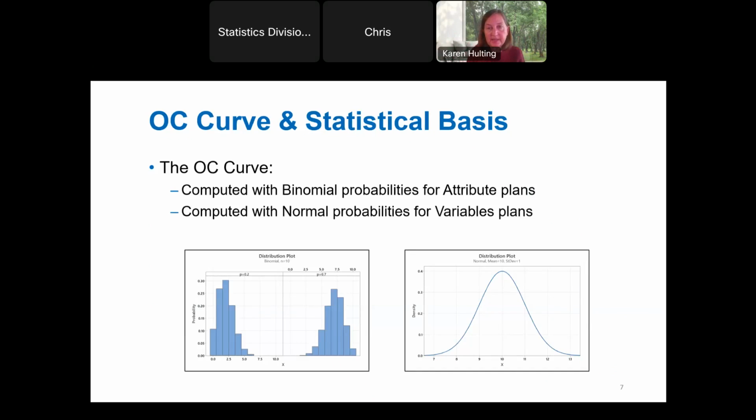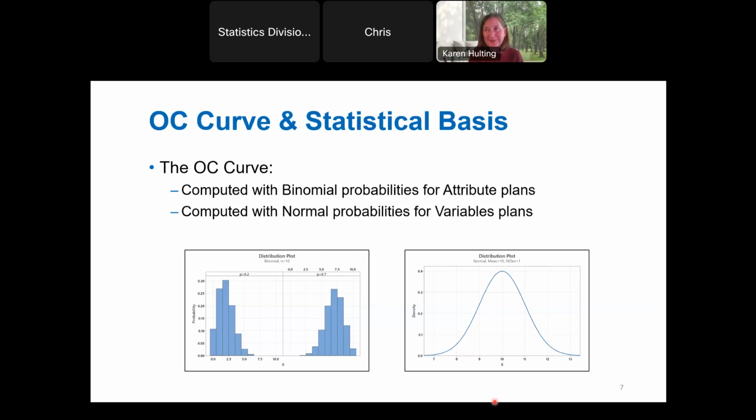Now, how are these probabilities calculated? Just with typical probability calculations. If you've got an attribute plan with pass-fail data, then we're using binomial calculations for that. And if you've got an acceptance sampling plan with variables data, typically we use normal distribution probabilities. Now, we all know that not all variables data follows a normal distribution. So when you're using variables acceptance sampling plans, topics like transformations and other more advanced topics do come into that conversation.